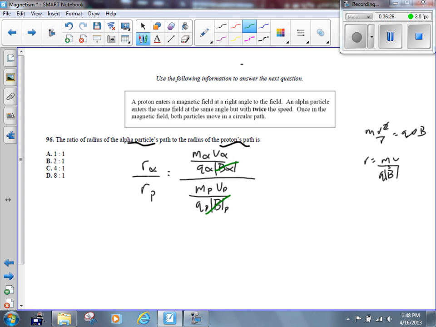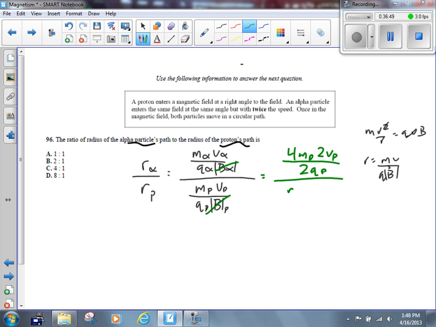The speed is not quite the same. Rather, the speed is twice the speed. The mass of the alpha particle is actually 4 times the mass of the proton. The speed is twice the speed of the proton, and the charge is twice the charge of the proton.